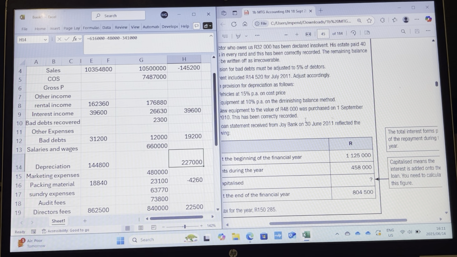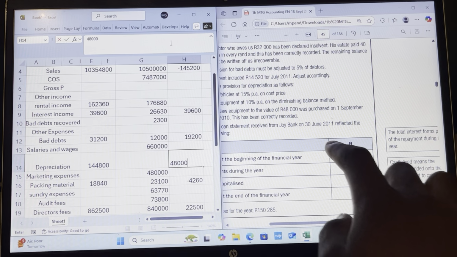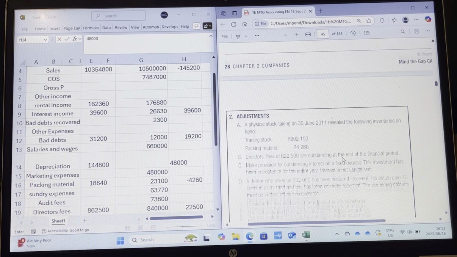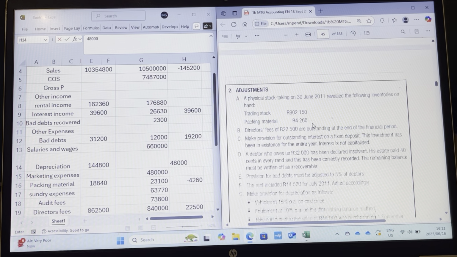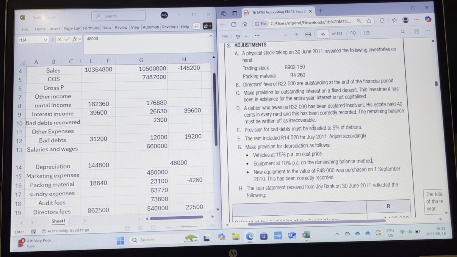But that's not all. We still have to account for the new equipment, so I'm going to do the 48,000. We bought this on 1 September 2010, and our year end is 30 June 2011. How many months do we have? It's September, October, November, December, January, February, March, April, May, June. So it's only 10 months.